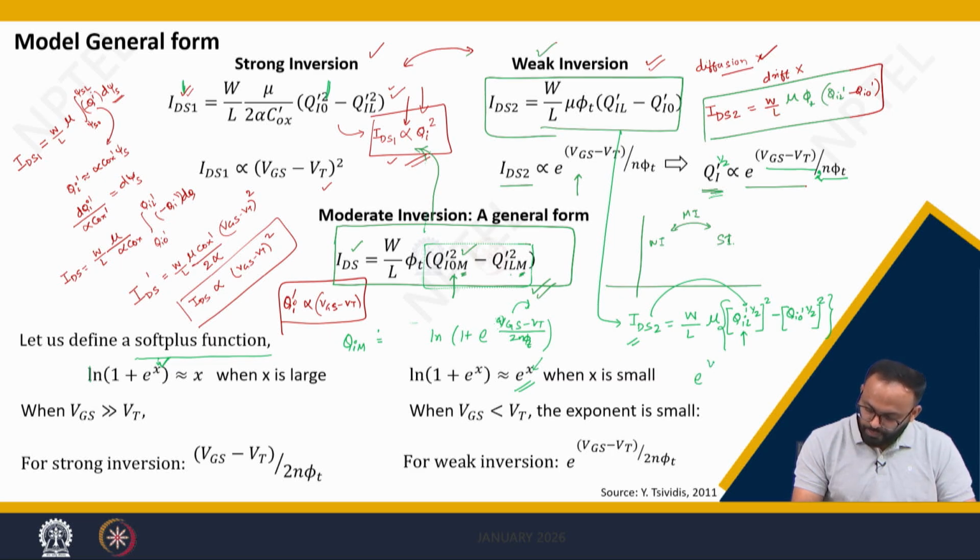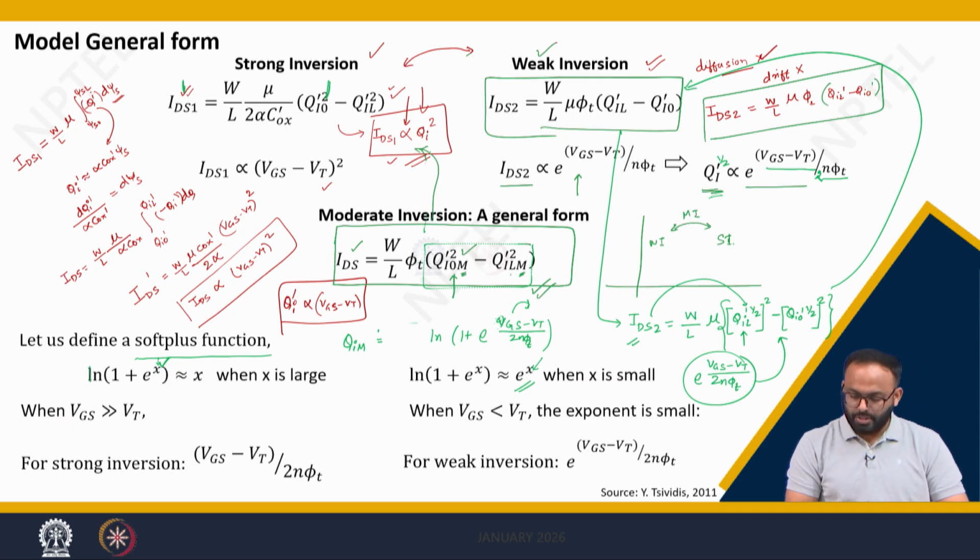E to the power of Vgs minus Vt divided by 2n phi t. That is what Qi dash I will get. For weak inversion, I will put back here and I will get the same current equation which is valid for weak inversion.